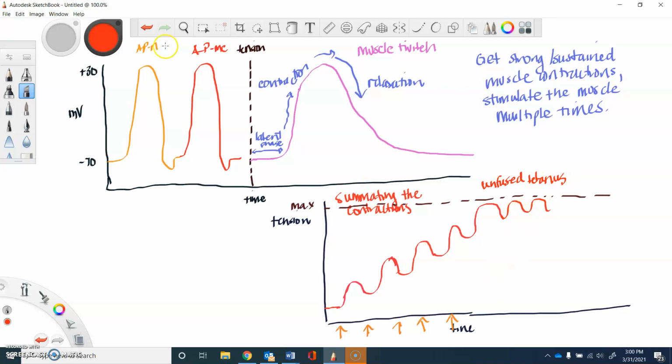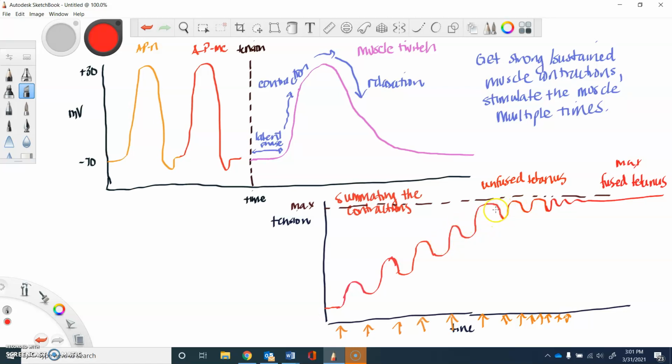And if we keep stimulating it faster and faster, quicker and quicker, then eventually there's no relaxation. It eventually gets to a point where it doesn't relax at all. Okay, that is called fused tetanus. So fused tetanus is the absolute maximum strength of that one motor unit.